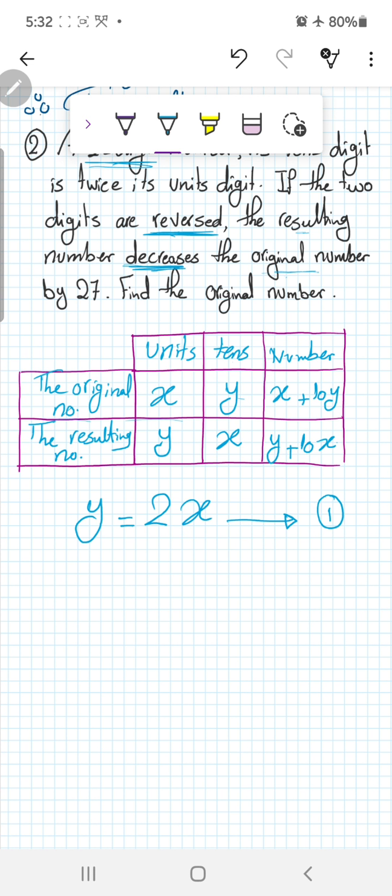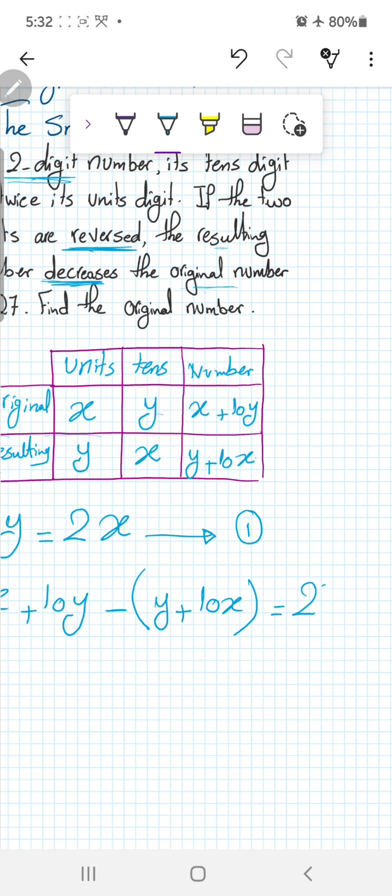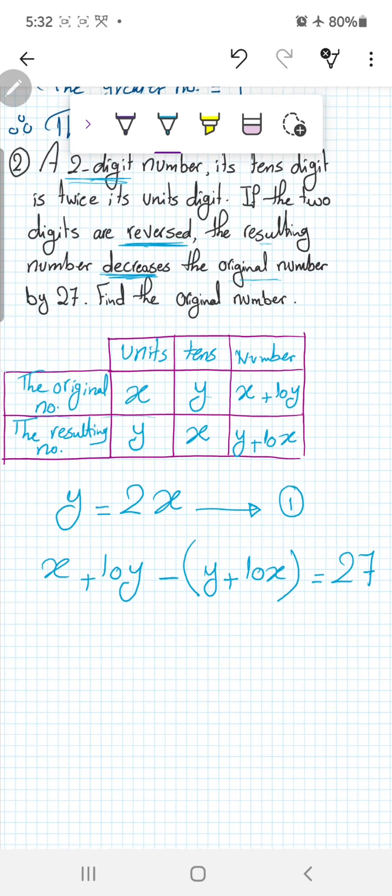Which is the original? x plus 10y. So x plus 10y, decrease, minus the first one which is the resulting, y plus 10x. But don't forget to open a bracket. Why? Because here we have 2 terms. Decrease by what? By 27. It means equals 27. Okay, simplify. So x plus 10y negative y minus 10x equals 27.